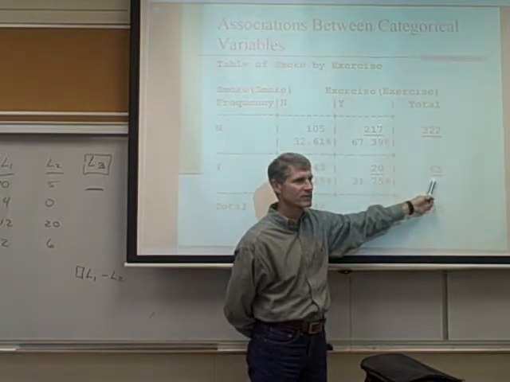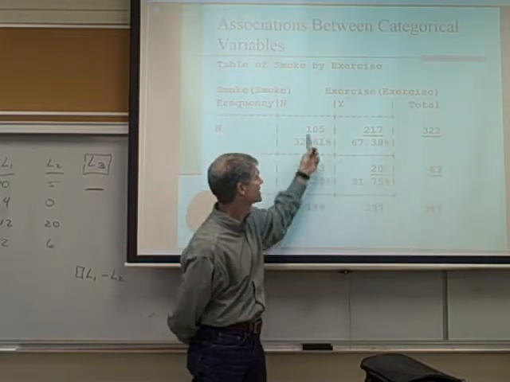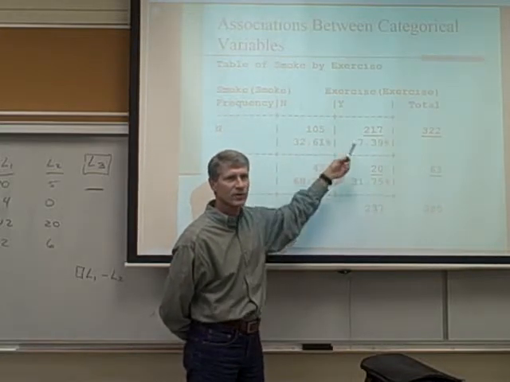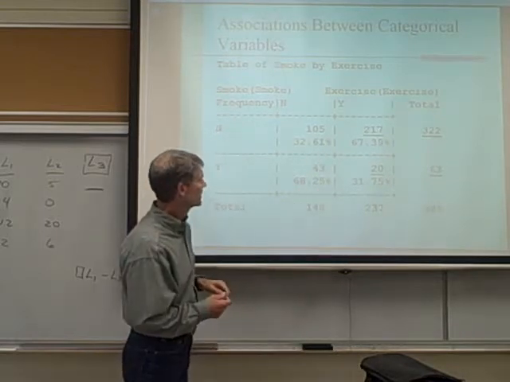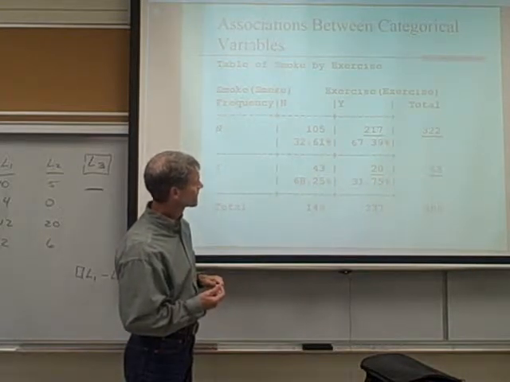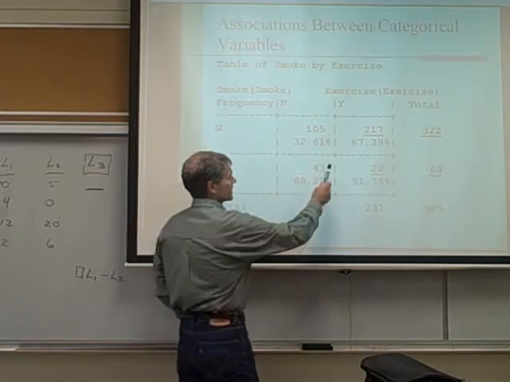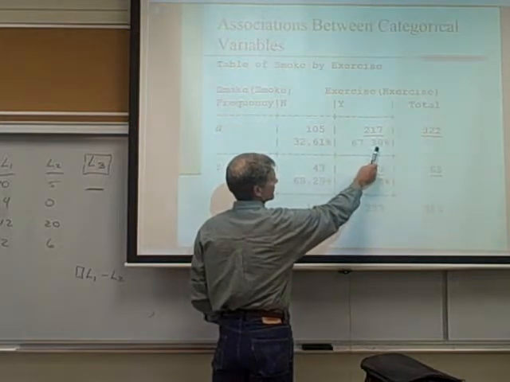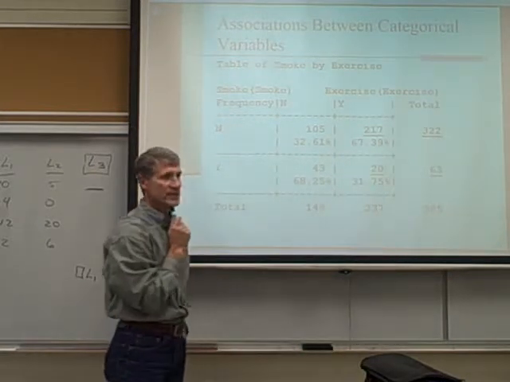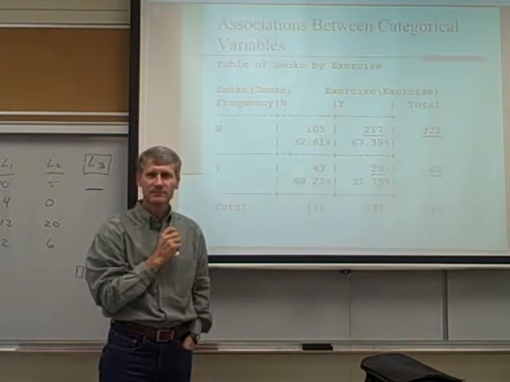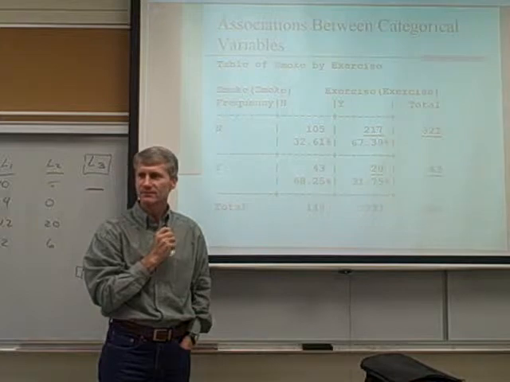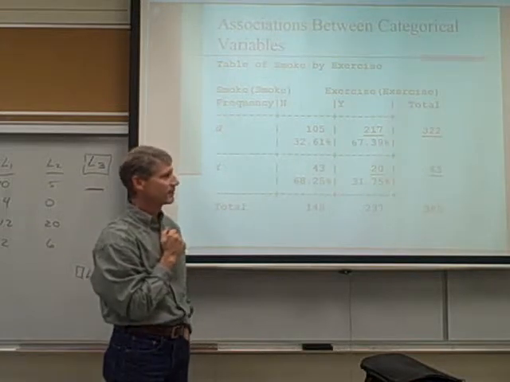Here's my 63 who do smoke. But now it's cross-tabulated by who falls in both of those categories. This has the number 67.39%. What is that called? Where did that number come from?